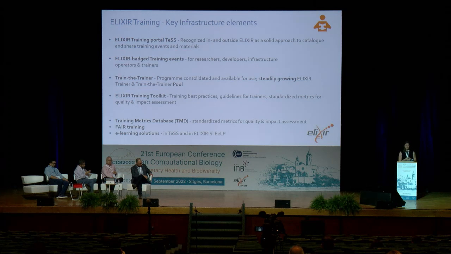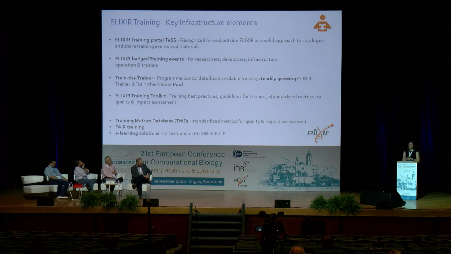The ELIXIR Training Toolkit is a resource with training best practices, guidelines for trainers, and standardized metrics for quality and impact assessment, which will be made available and accessible for you as well. I will touch on the training metrics database as well, which is a standardized metric for quality and impact assessment.